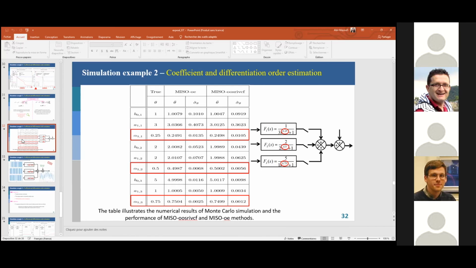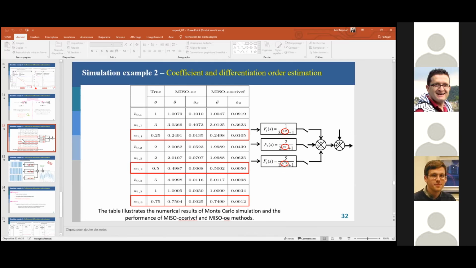Can you repeat the question, please? So it looks like with the output error, the variance of your identified parameters seems larger than with the IV method, while the output error is just the correct model structure. Normally the variance should be the smallest possible, because you didn't find the full order model structure.